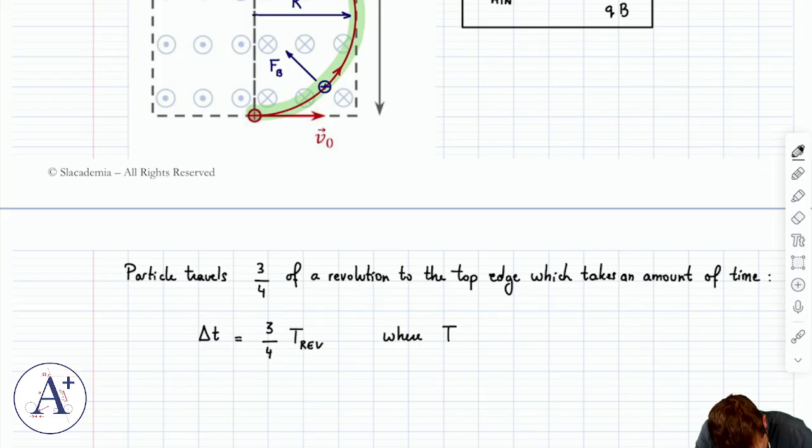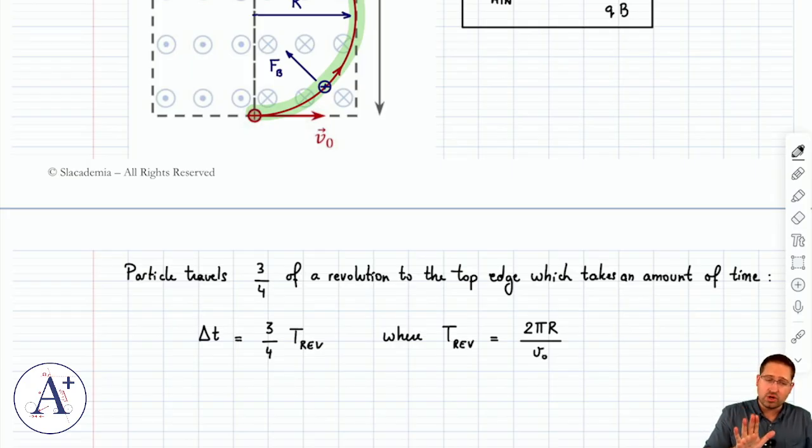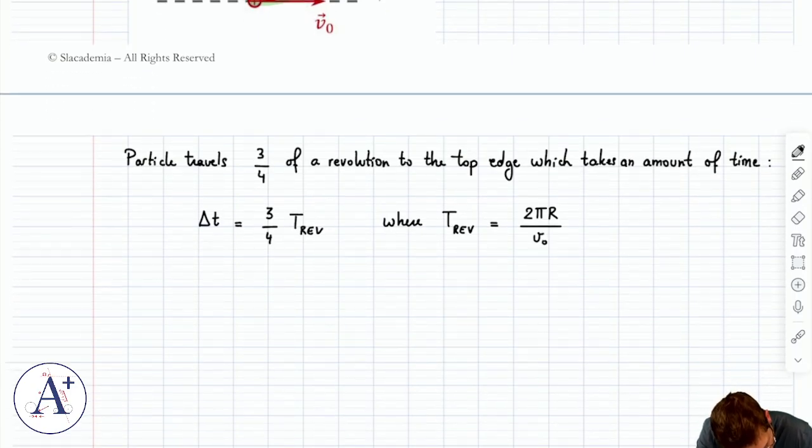And by the way, from circular motion, I remember that t revolution is 2 pi r, that's the circumference, divided by the speed at which I'm traveling. Because if I travel at constant speed, I can say distance over speed is time. Right? So the conclusion is that delta t is equal to 3/4 of 2 pi r over v0, and I just found r.